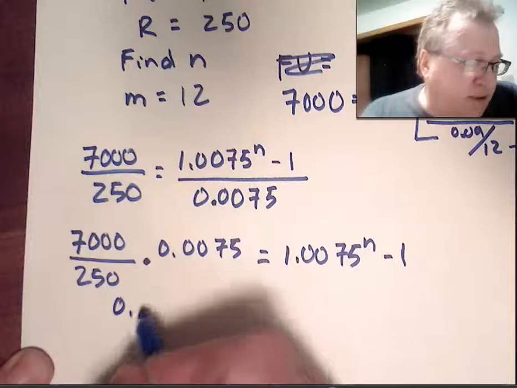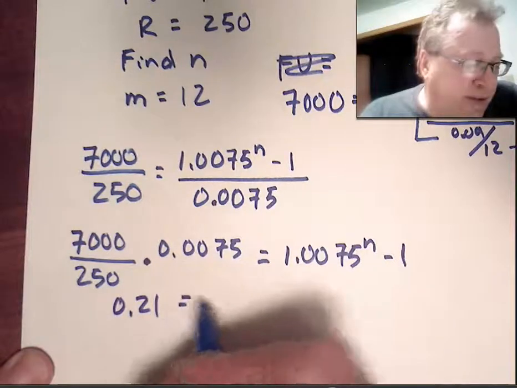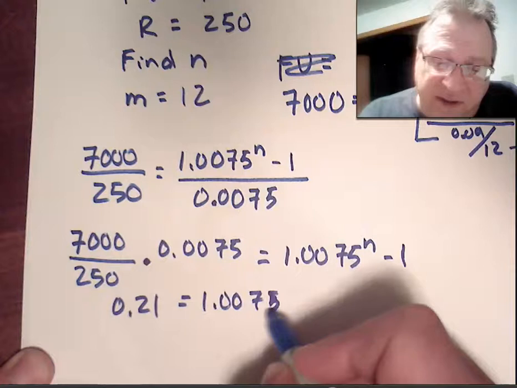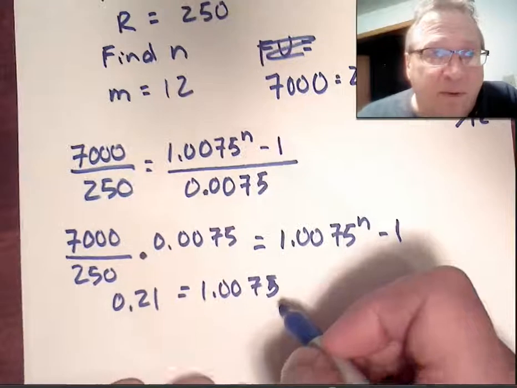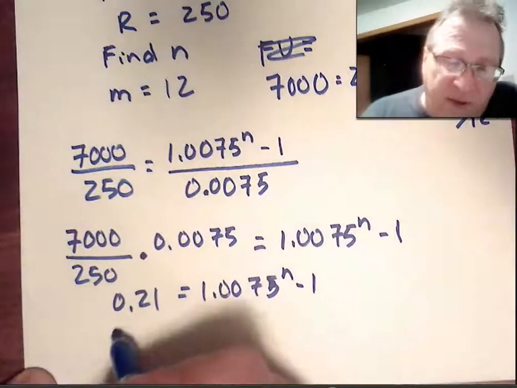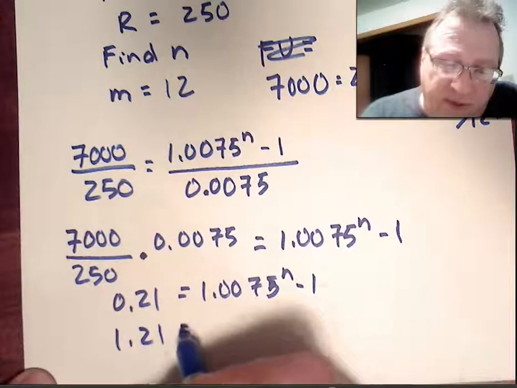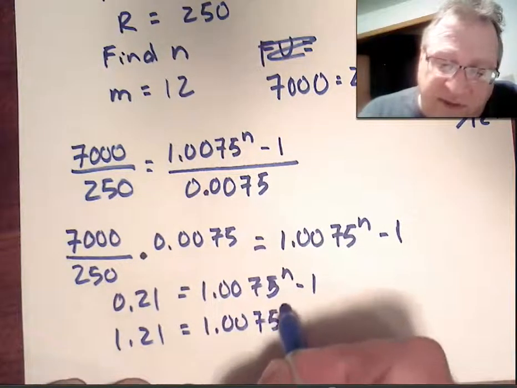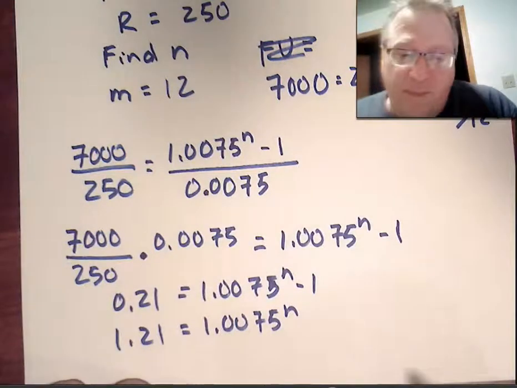First, I get 0.21 equals 1.0075 raised to the n minus 1. And when I add 1 to both sides, I get 1.21 equals 1.0075 raised to the n.